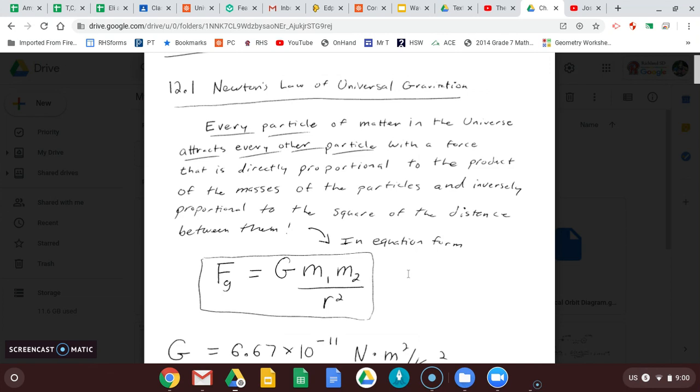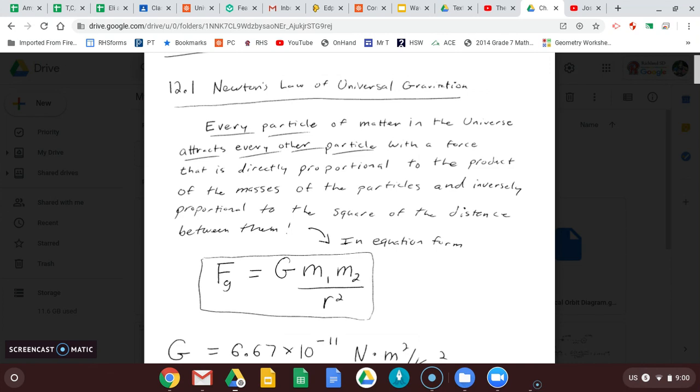Now, one quick thing we got to make sure we do is no longer always assuming that force of gravity means weight. Remember how we all said that back early in the year? The reason why we used to say that is because we learned only about the force of gravity between like us and the earth, or any objects, any masses close to the surface of the earth and the earth.